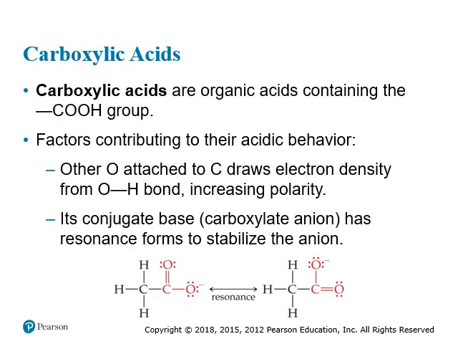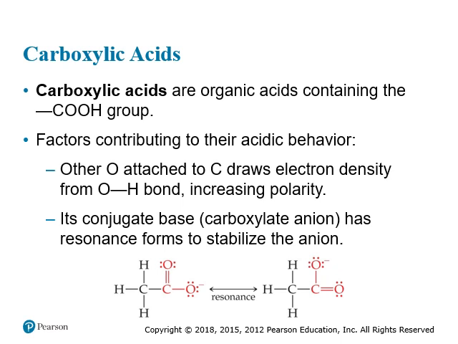Another class of acids is carboxylic acids. These are organic acids that contain the COOH group, or the carboxyl group. Acetic acid is an example of a carboxylic acid having the formula CH3COOH. Factors that contribute to the acidic behavior of carboxylic acids include the other oxygen that is attached to the carbon.